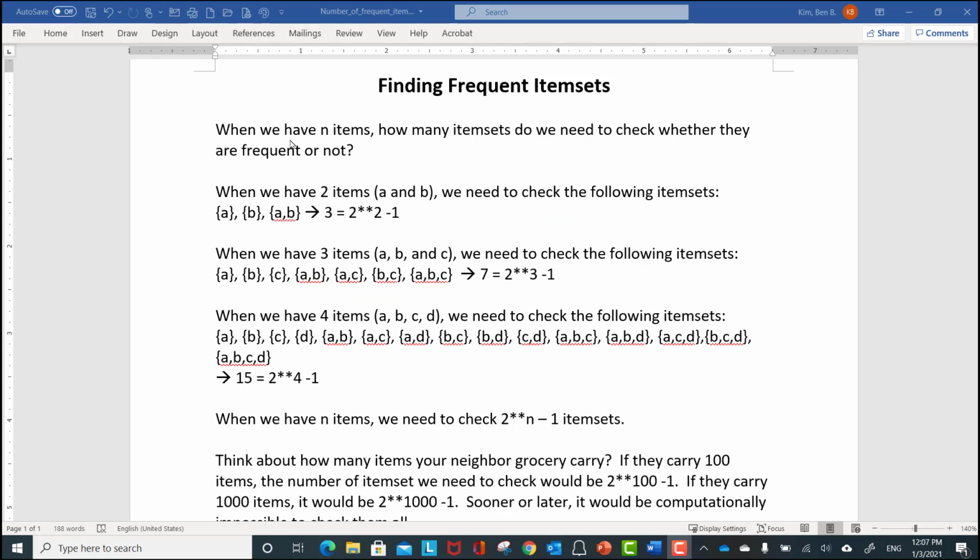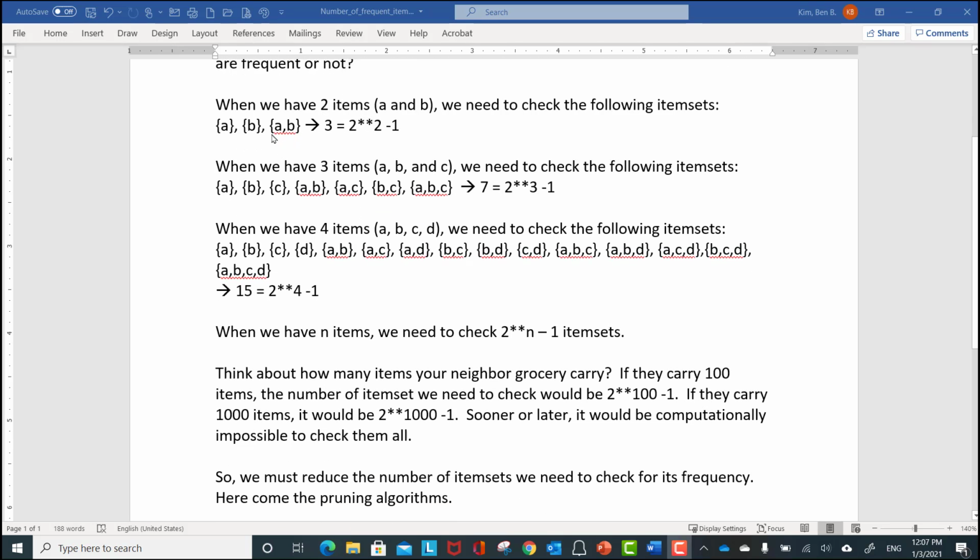When you have n number of items, how many item sets do you think we need to check whether they are frequent or not? Let's look at some examples. Let's say we have two items, A and B. We need to check the one item sets A and B, and the two item set AB. So 1, 2, 3. By the way, this is the same as 2 to the second power minus 1.